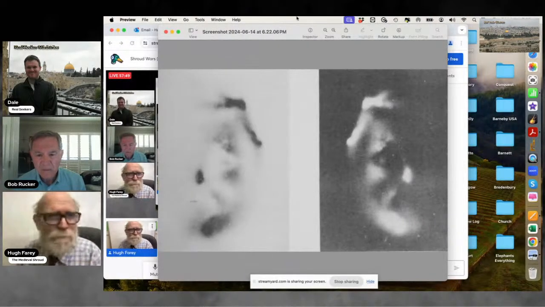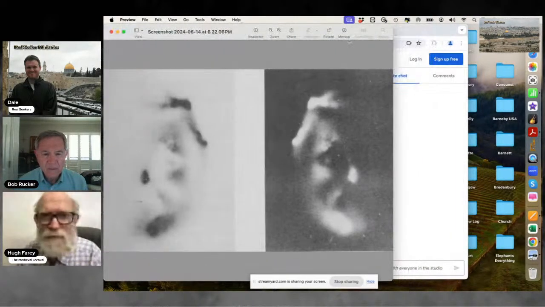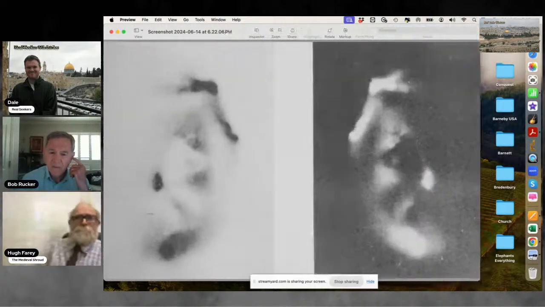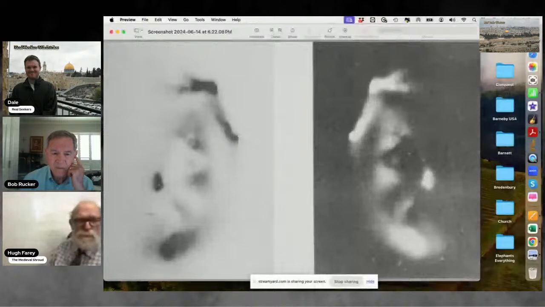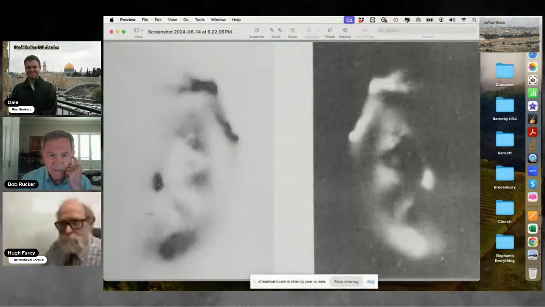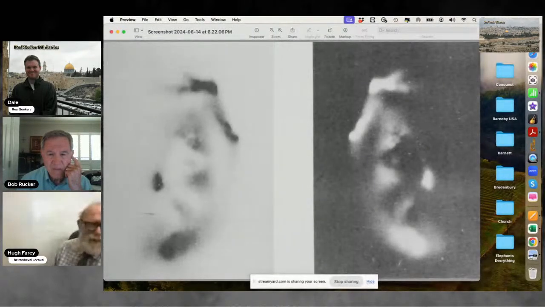Is this good enough? Yeah, it looks like a face. On the left-hand side, we see a completely meaningless blob. But on the right-hand side, it translates into quite a recognizable bearded face turned slightly to one side. And this is what Vignon was using.